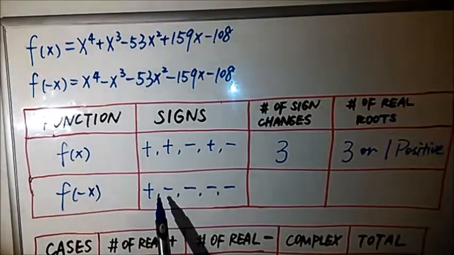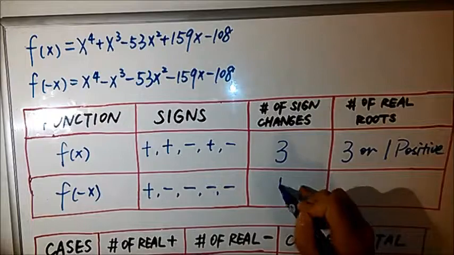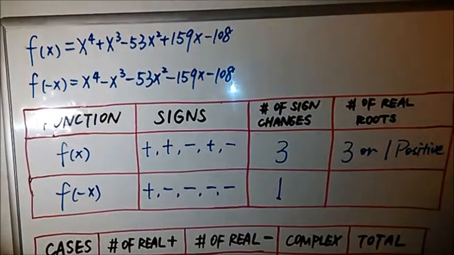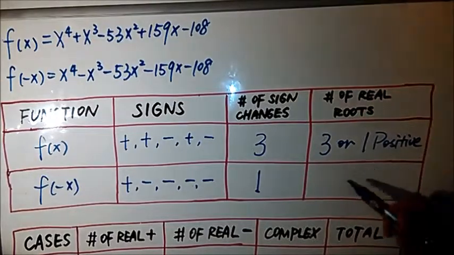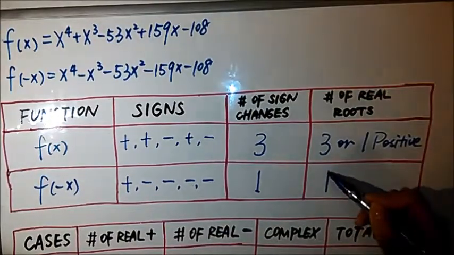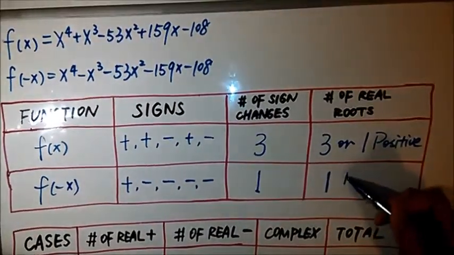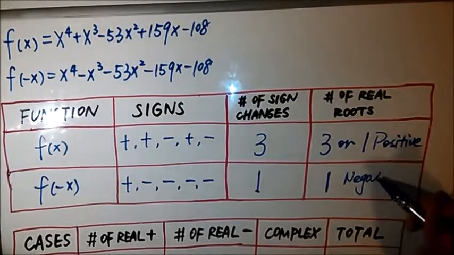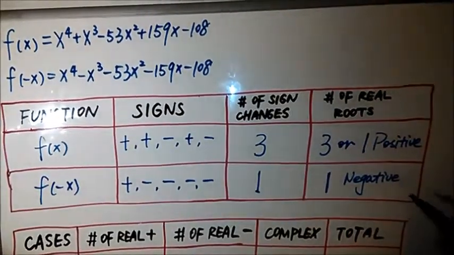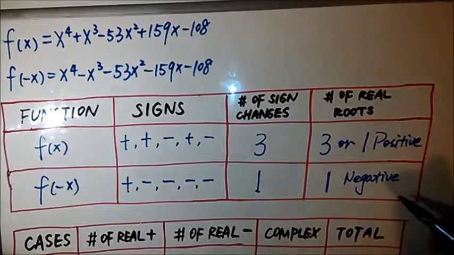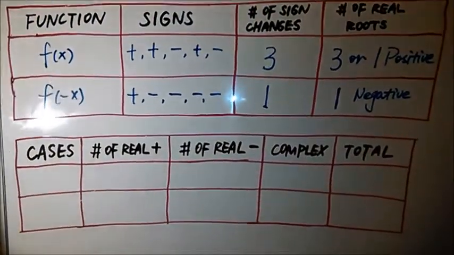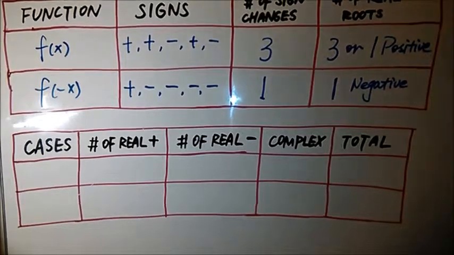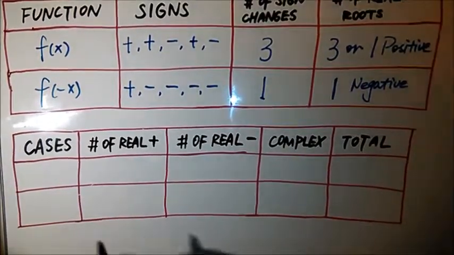So there's only one sign change. And the number of real roots in this case is one negative real root. You can't go below that. And so the number of cases that we have here, we have case number 1.